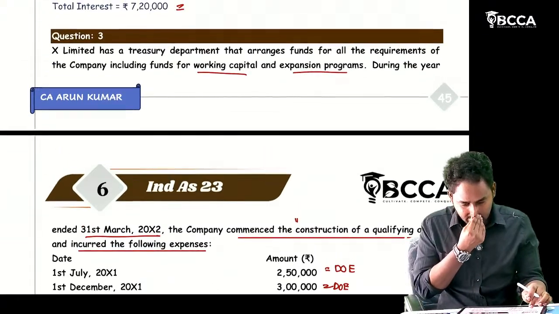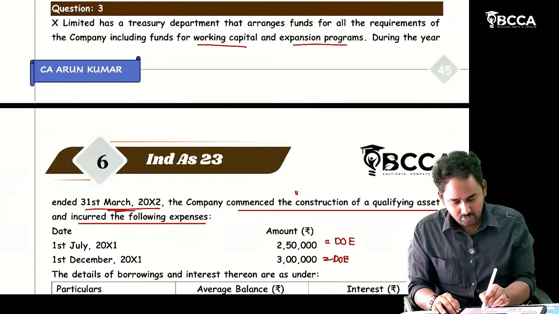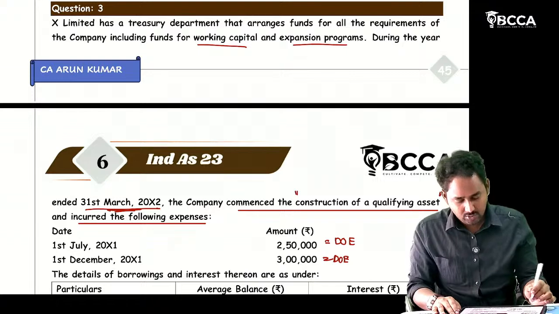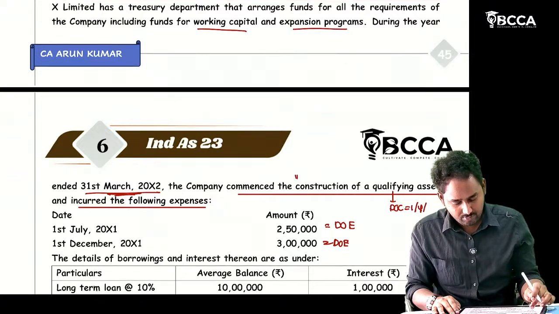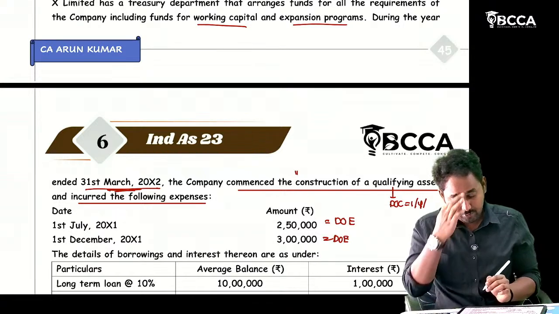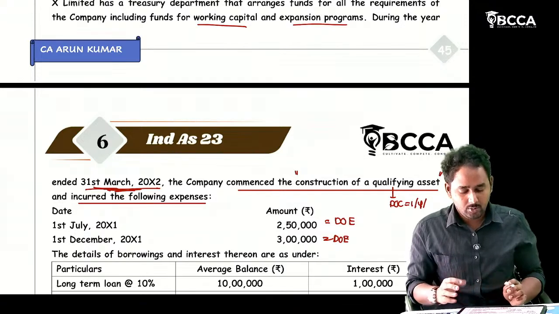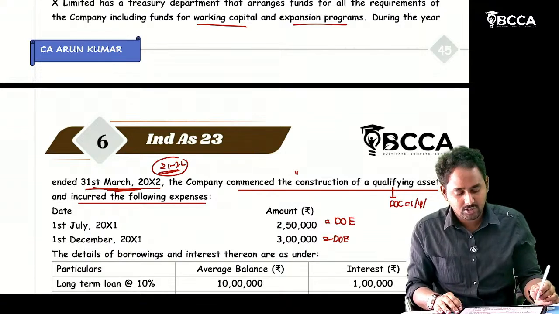What is the date of commencement? During the year ending 31st March 2022, the company commenced the construction of a qualifying asset. So 1/4/2022 is the date of commencement. What does it mean?